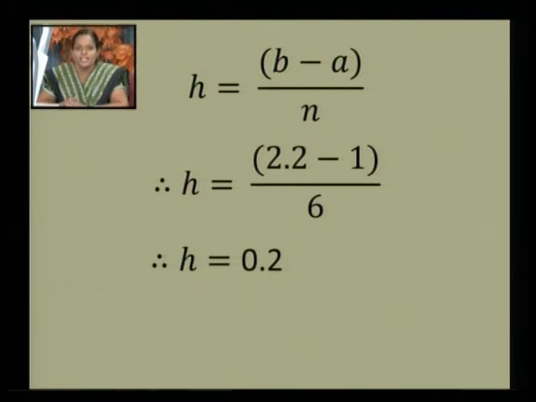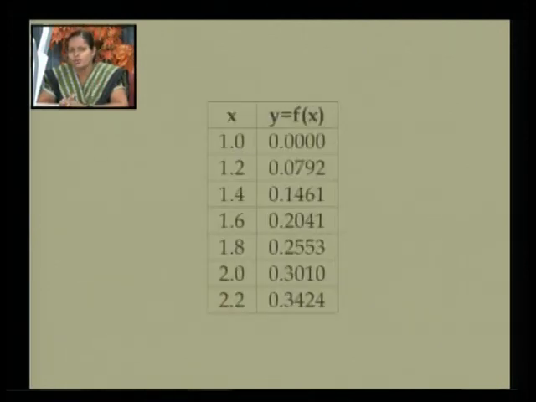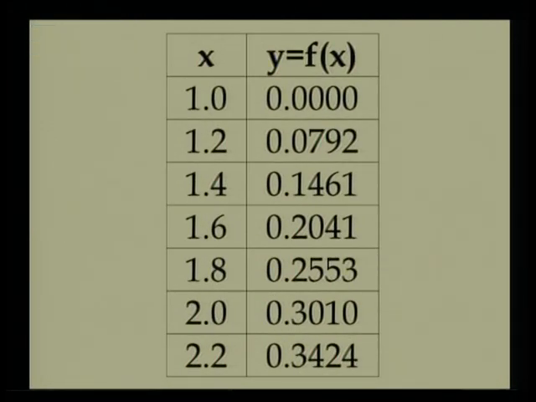So the step size, the interval size which I have to take for this particular example, is 0.2. Now, tabulating these values as we have done earlier, that is the value of x and the corresponding values y is equal to f of x.